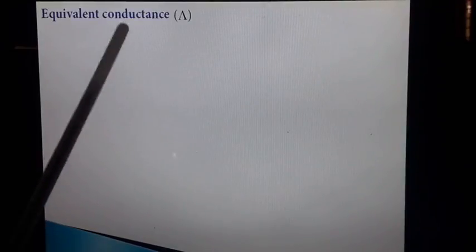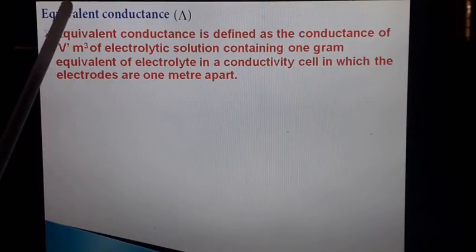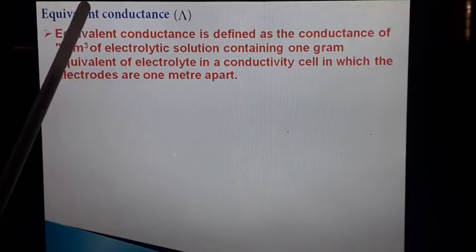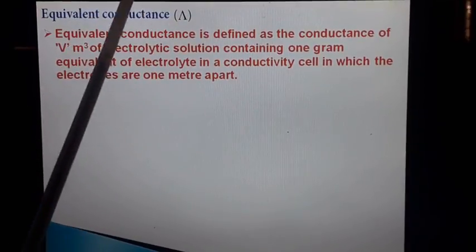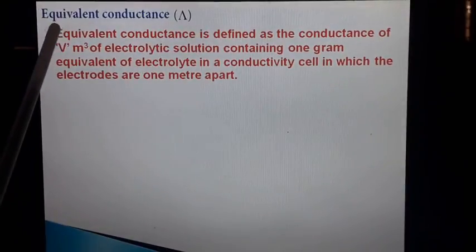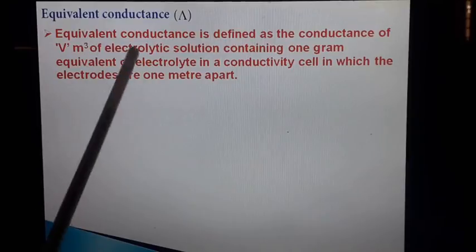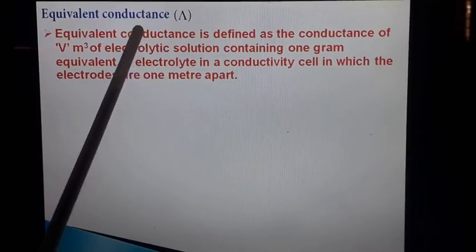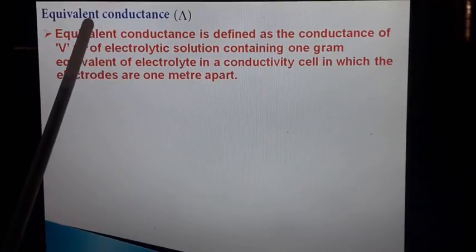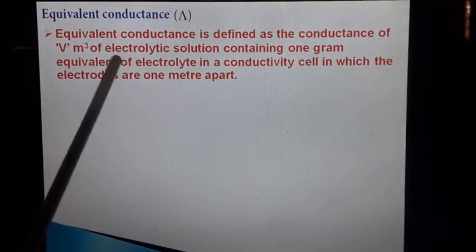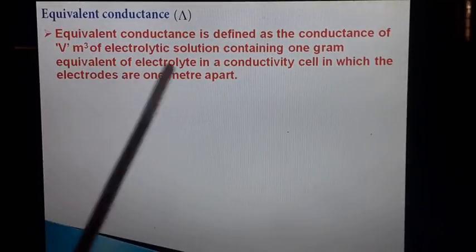Now next, equivalent conductance, lambda, which is separate from lambda m. Equivalent conductance is defined as the conductance of V m³ of the solution containing 1 gram equivalent of electrolyte, in a conductivity cell in which the electrodes are 1 meter apart.